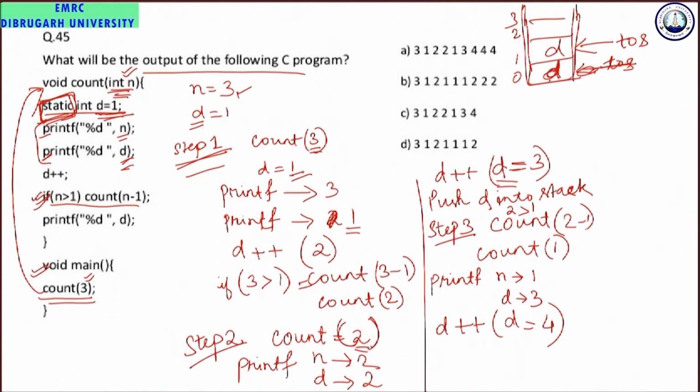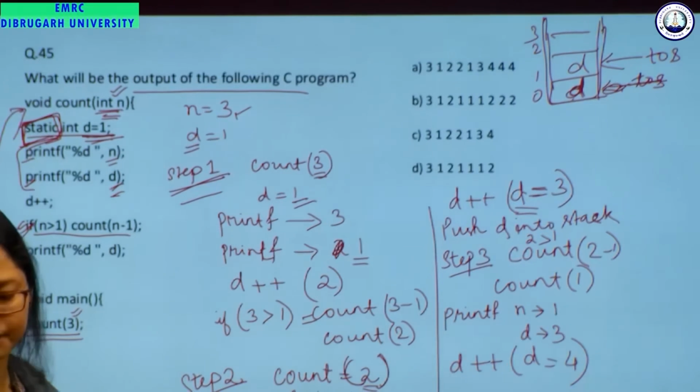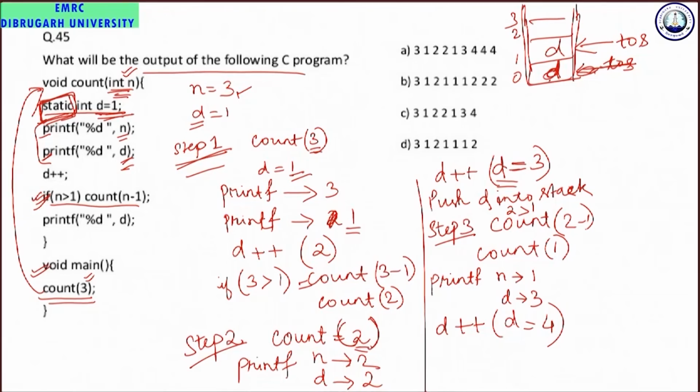Now you can see here that d plus plus, d is equal to 4. Now, coming to this condition, 1 greater than 1, because here it is 1, right. So, 1 greater than 1, this condition is not fulfilled. Okay.